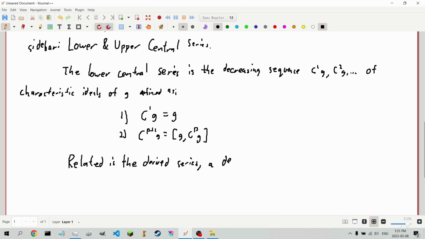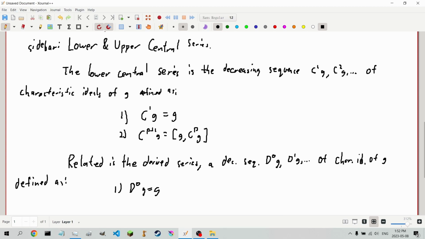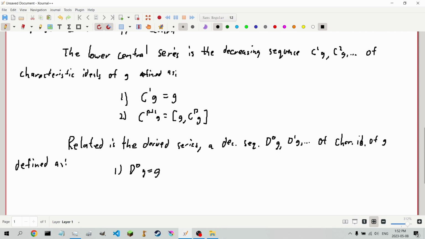A decreasing sequence of D^0 G, D^1 G, and so on, of characteristic ideals of G defined as, first off, D^0 of G is equal to G. Then secondly, D^{p+1} of G is again inductively, this time, the bracket of D^p G with itself.